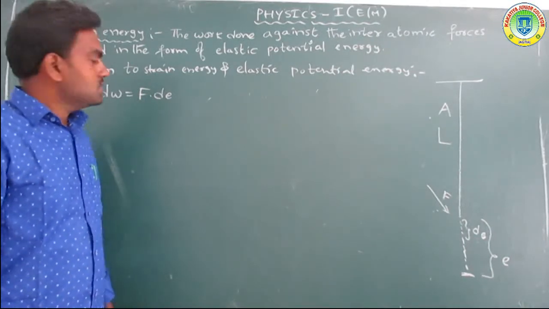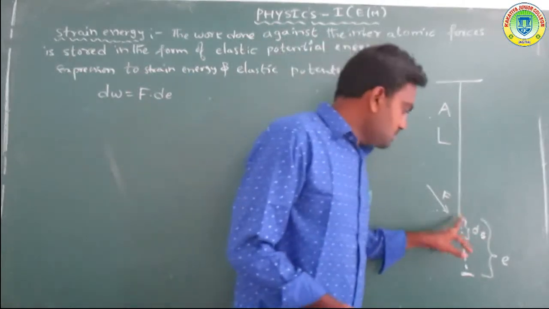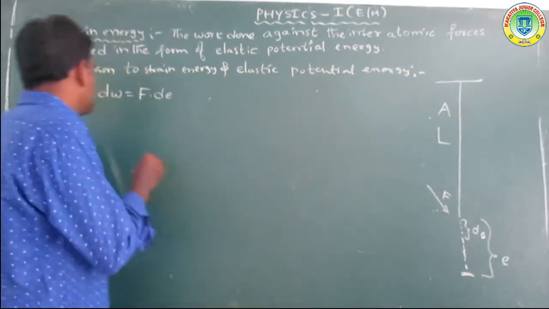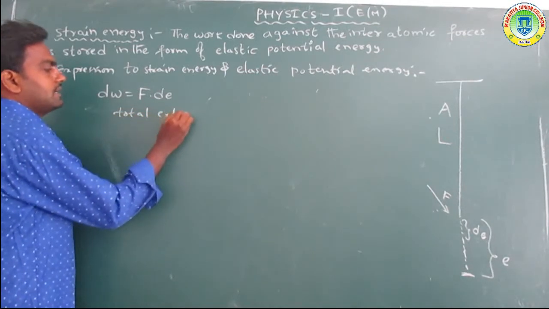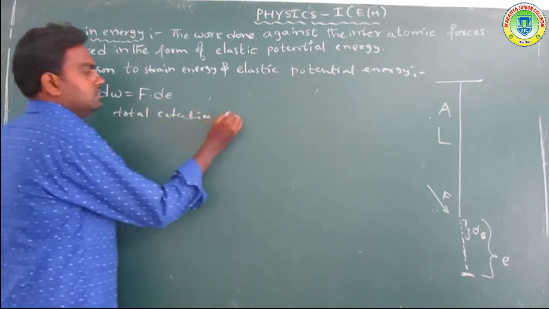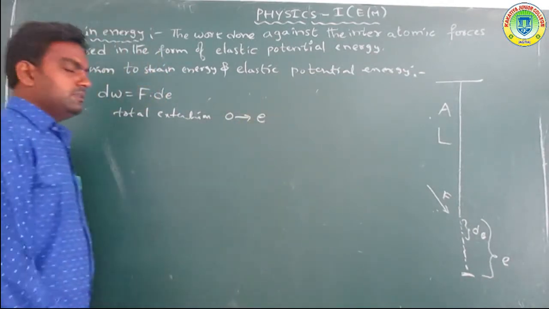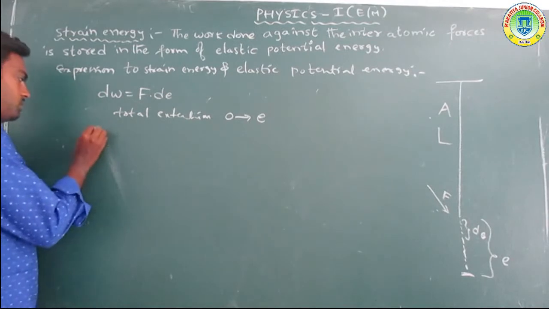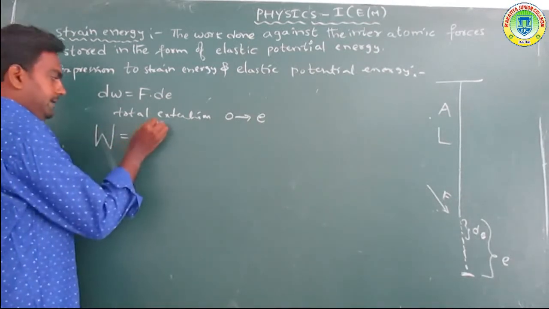Now, to find the total work done, the total extension goes from 0 to E. So the total work done W is equal to the integration.